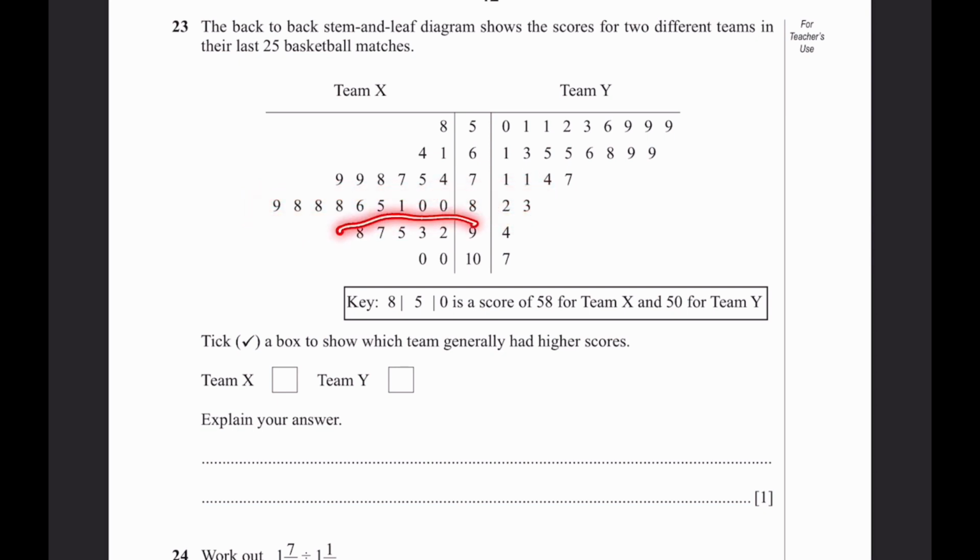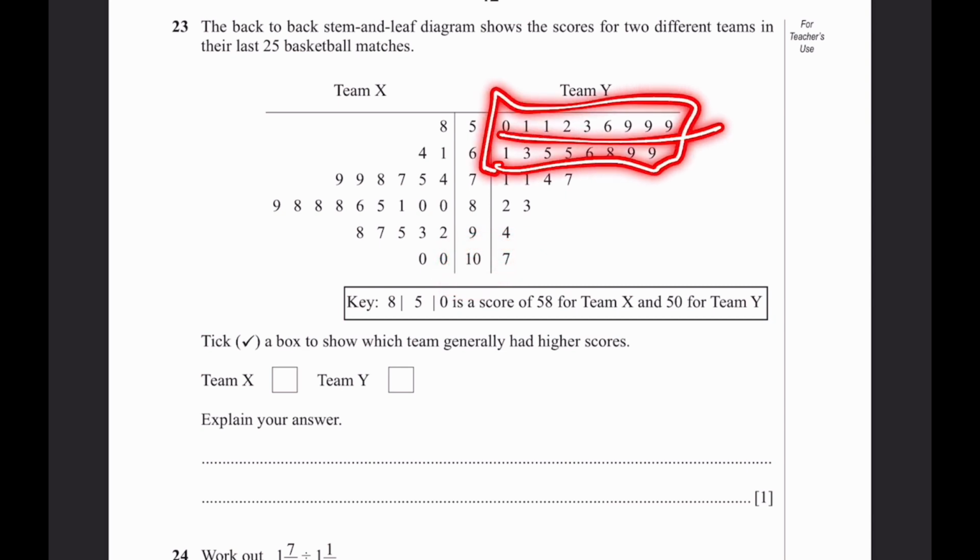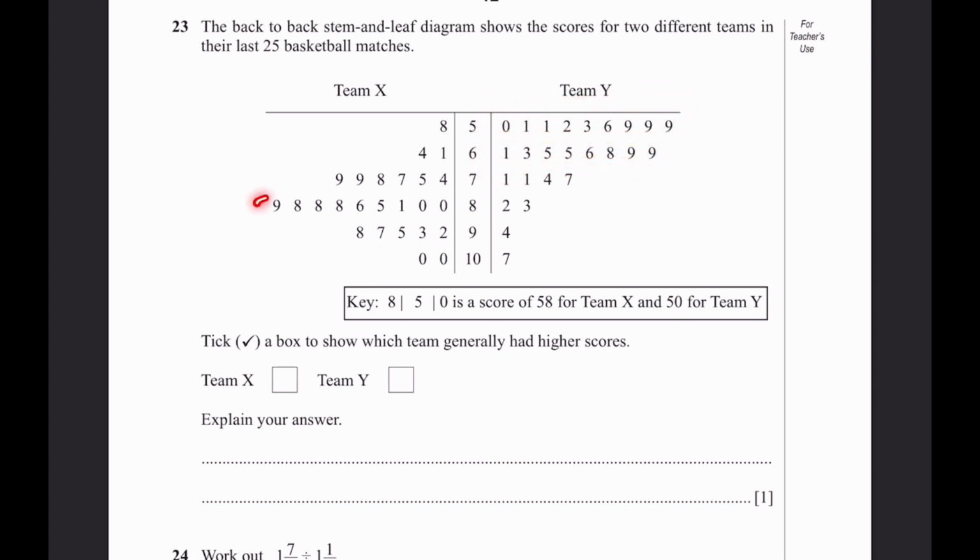In the 90s, X has 5, Y has 1. In the hundreds, X has 2 and Y also has 1. Even though Y actually has the highest score, look at Y's scores. The bottom two rows have the most number of Y scores. But for X, it's the middle rows, 7, 8, and 9, which have a lot more.